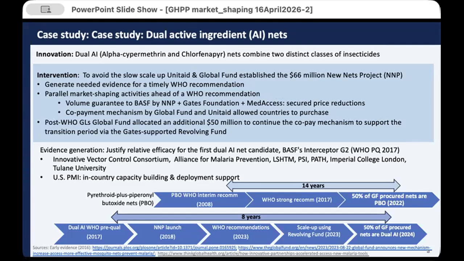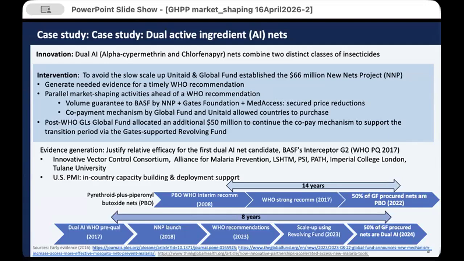It had two goals. First, to generate evidence for a timely WHO recommendation. On that side, we have a consortium including Innovative Vector Control Consortium, LSHTM, Imperial College London, Tulane, PSI, PATH, and several other actors coming together to build the efficacy case.